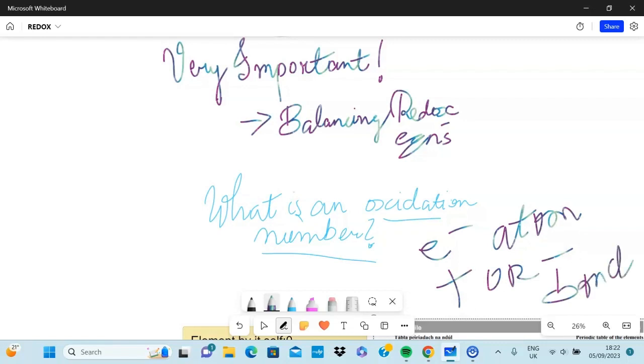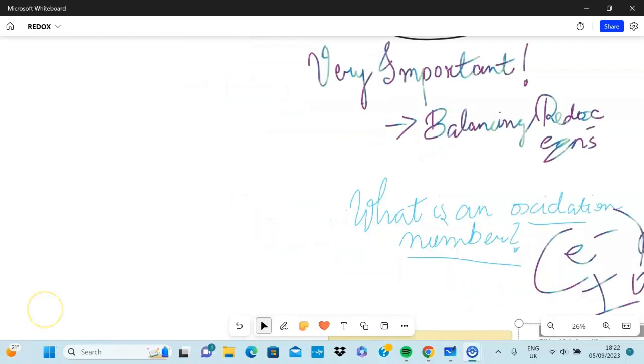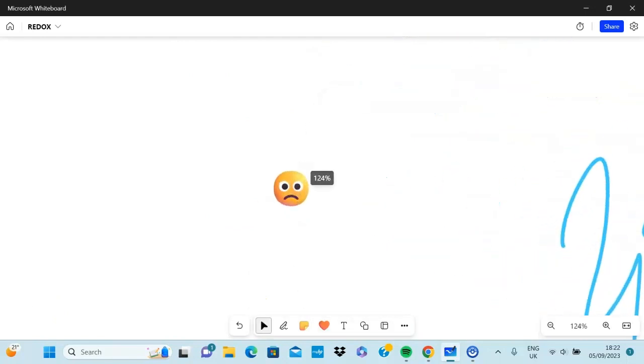So it's the number of electrons that an atom is ready to gain or lose to bond with another element. Unfortunately, oxidation numbers are not the same as your atomic number.